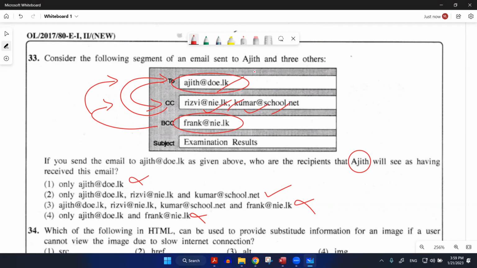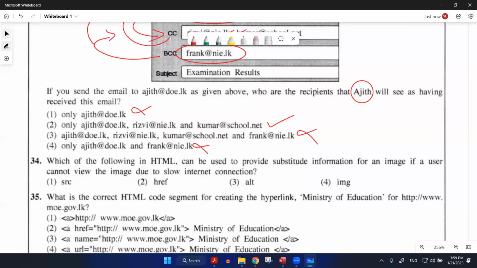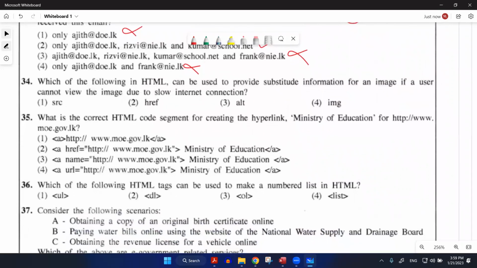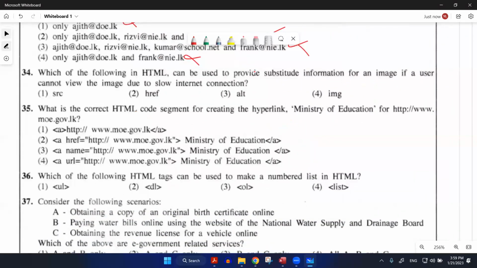34th. Which of the following in HTML can be used to provide substitute information for an image if a user cannot read the image due to a slow internet connection, or let's say the image is not going to load. If it is slow, the image is not going to load.